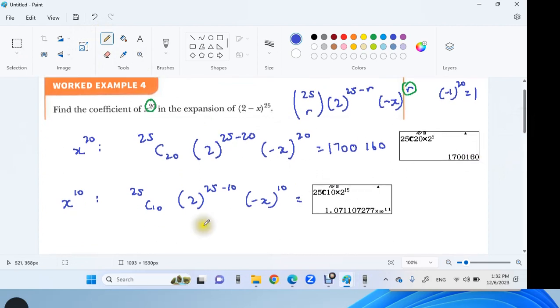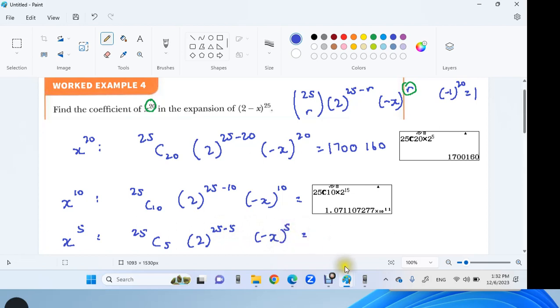Okay, try one more. If we have the x to the power of 5 here, yeah, I can have 5 here. So we have the 25C5, 2 to the power of 25 minus 5, negative x to the power of 5.